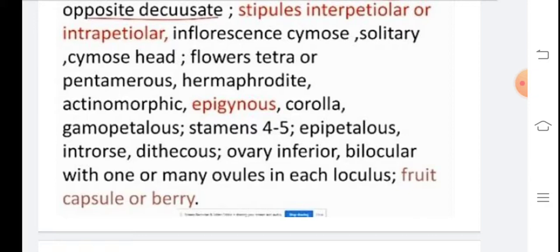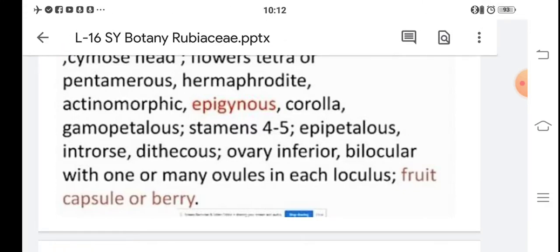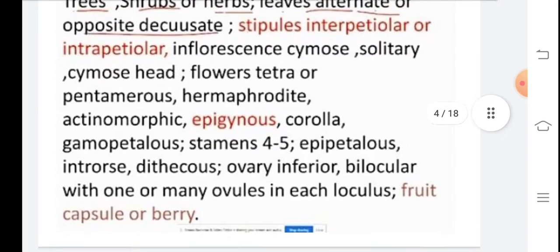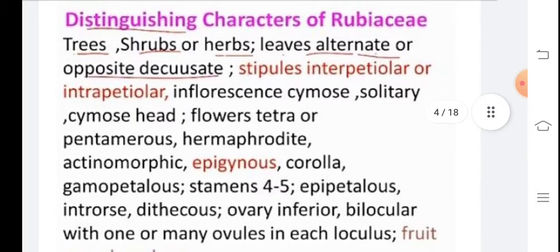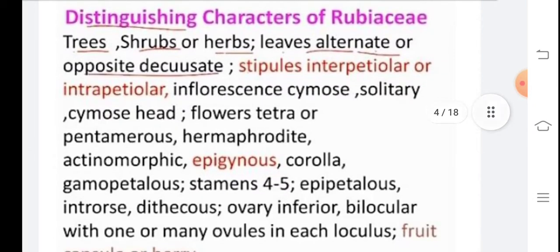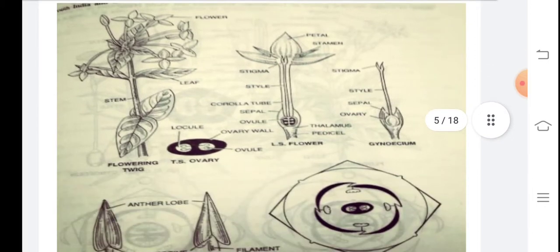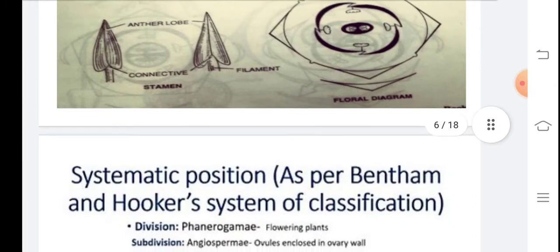Introrse means inside the whorl of the petals. Then anther lobe is dithecous, ovary inferior, bilocular with one or many ovules in each locule, and fruit is capsule or berry type. So how to write the distinguishing character? Just you know. So important character. So just we have seen the diagram of this Ixora plant.